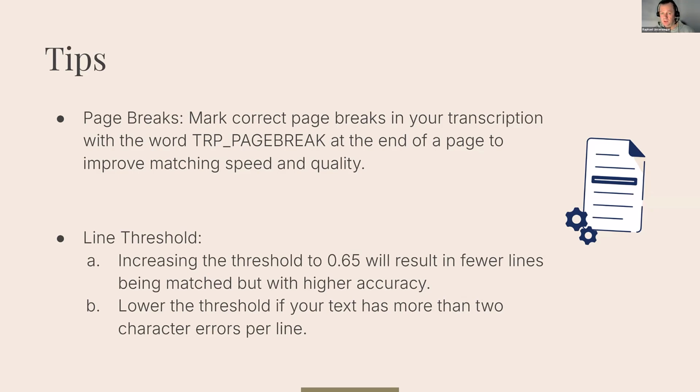So if you have the resources to build in page breaks, you can use the label TRP page breaks at any position in your text document or Word document, and then we call this a page, and this makes the matching quite a bit easier and increases the quality.